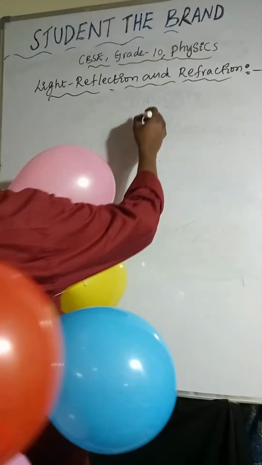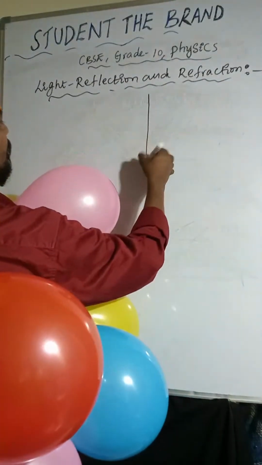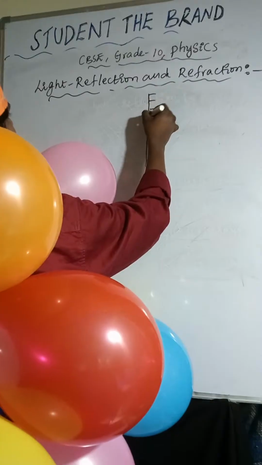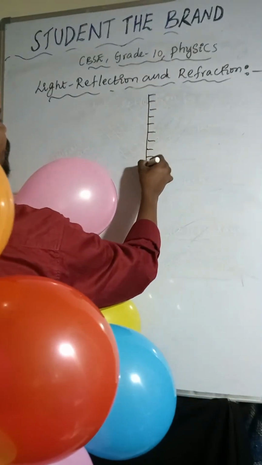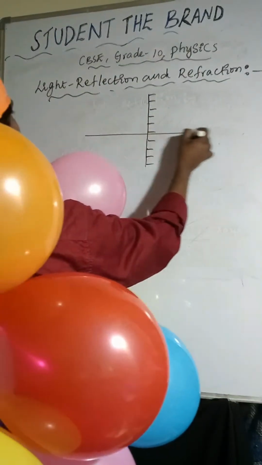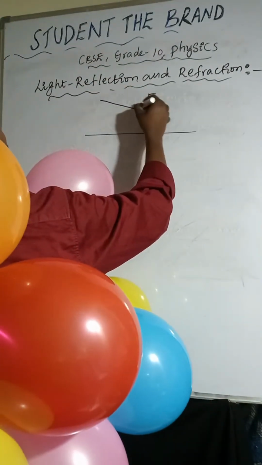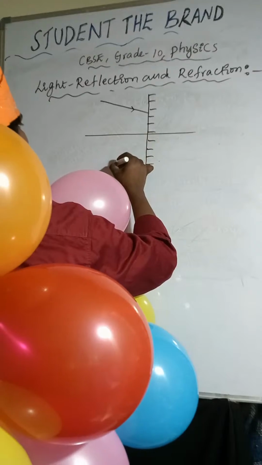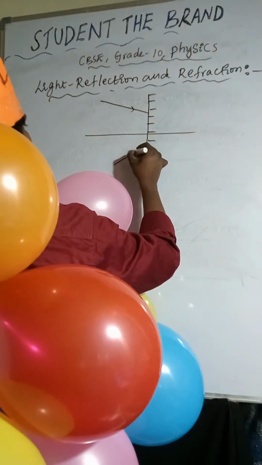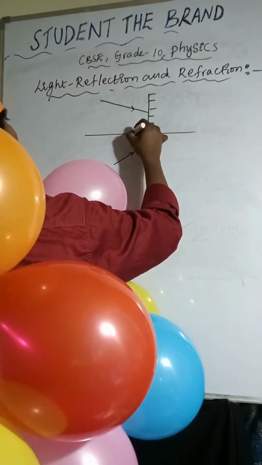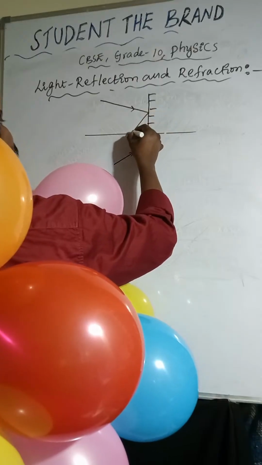Plane mirror. I'm taking a plane mirror here, and the normal. These are the light rays, coming from the source. Here you can observe that after reflection, those light rays are meeting at one point on the principal axis.